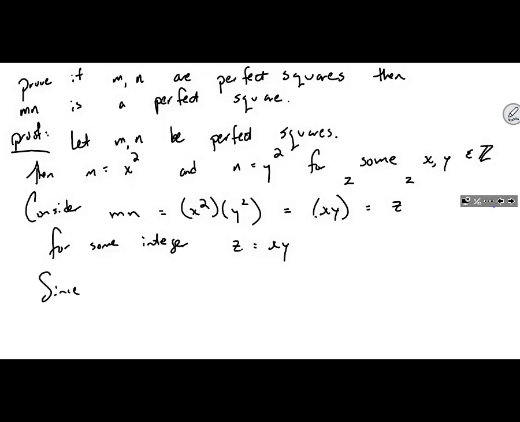So since m times n equals z squared, the product m times n is also a perfect square.